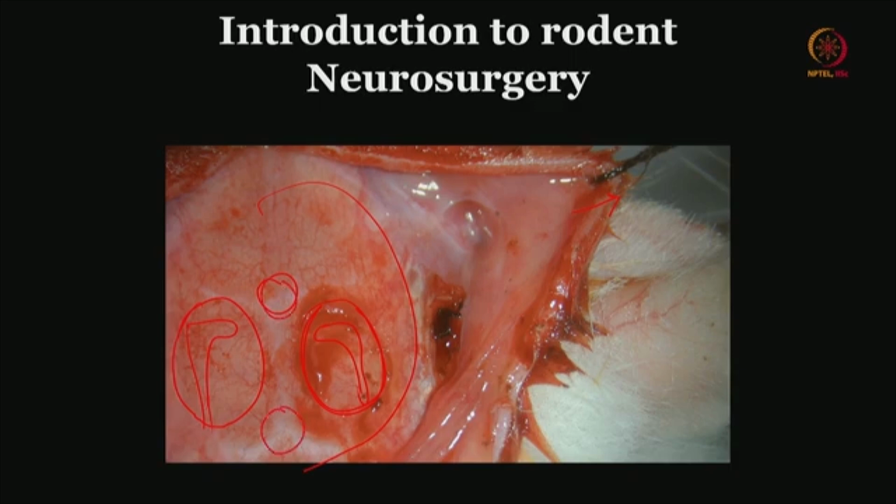So, there is a component of blood involved whenever you do a rodent experiment in a live animal, and that makes it a little more difficult because the blood clouds your vision, and of course many of the rodent experiments will require usage of a microscope. If it is just a drill, then you may not require a microscope. So, we will deal with those equipments in the future slides.